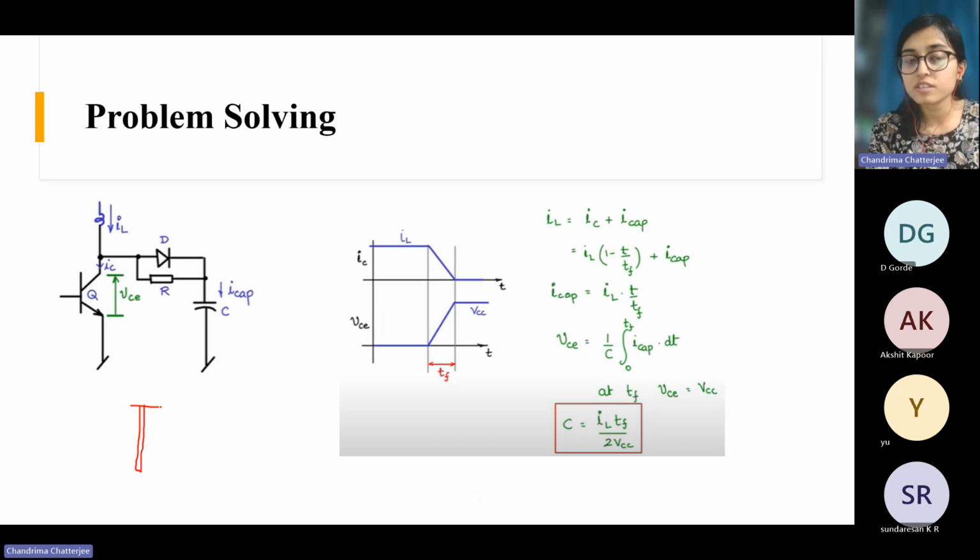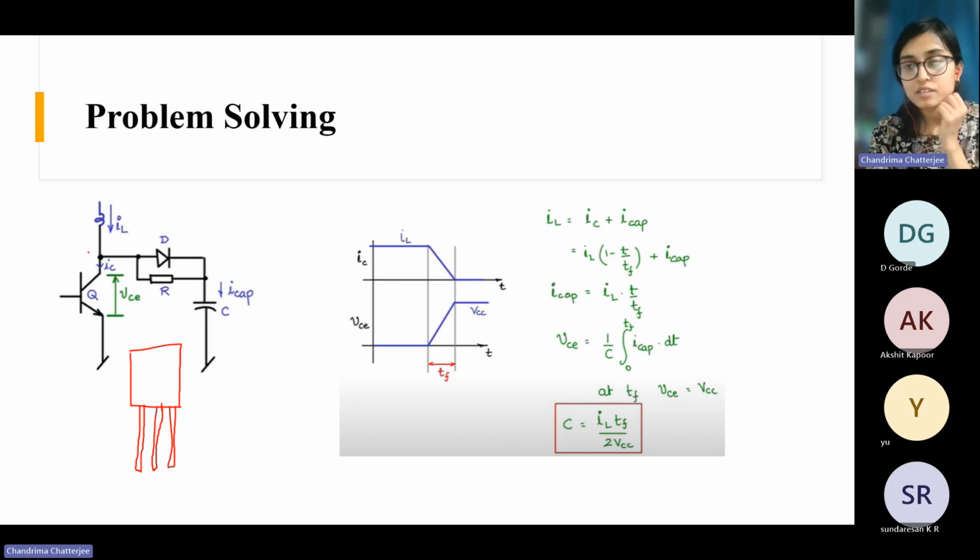If this is your practical device, these will be the leads. For a BJT, collector, emitter, and base, and for a MOSFET, gate, drain, and source. So here also some parasitic inductances will be there due to the leads, right? You can't avoid having some inductance here. There will definitely be some inductance.